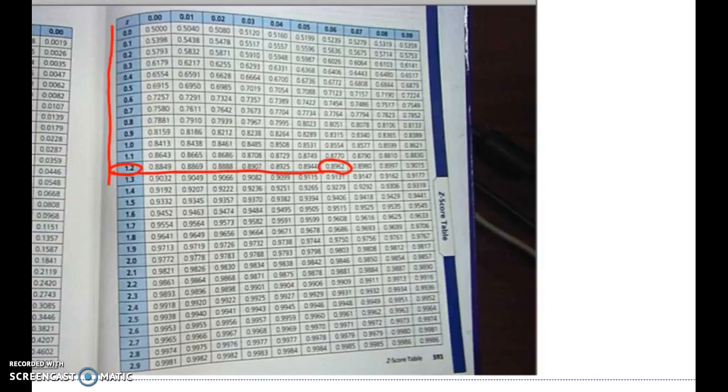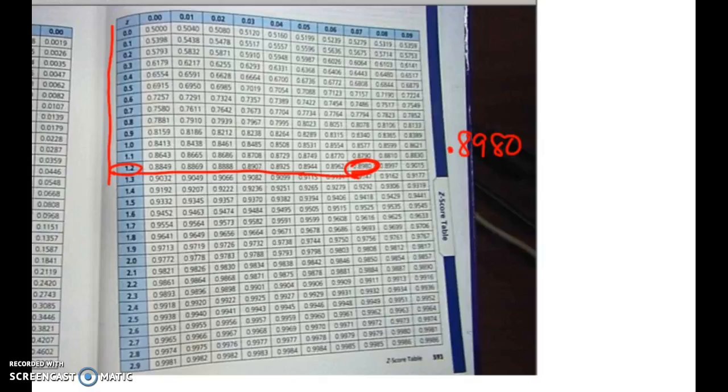And I know that's hard to read on there, but in your textbook, you will be able to see that that value is 0.8980. So we went down 1.2 and over 0.07. And that value, this one right here, is 0.8980.